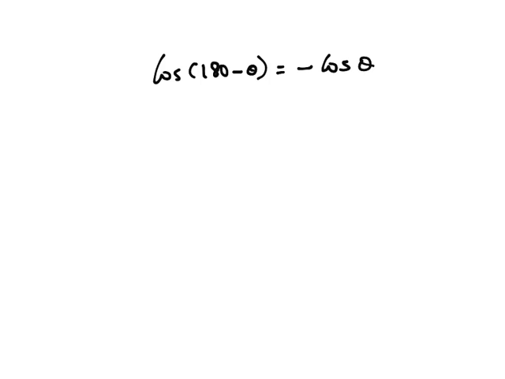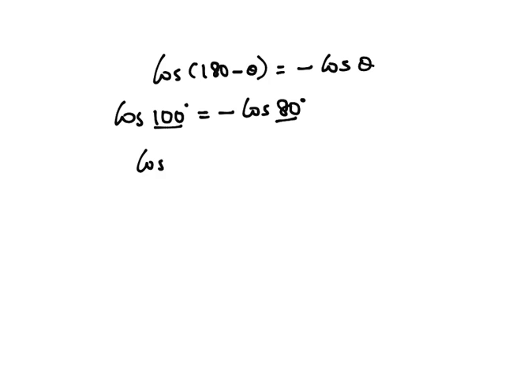Now cos of 180 degrees minus theta will be equal to minus cos theta. So it means cos 100 degrees will be equal to minus cos 80 degrees. Again, as you can see, 100 and 80 add up to 180 degrees.